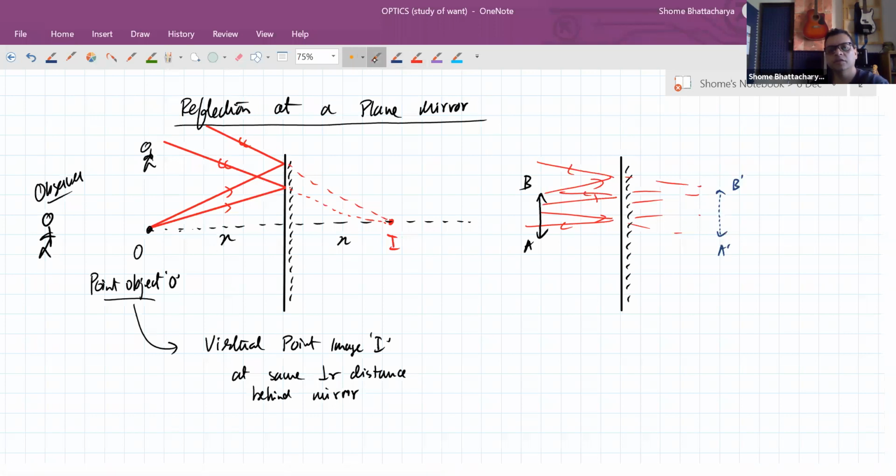So it's always of same size, it is always vertically upright, and it is always the same distance behind.